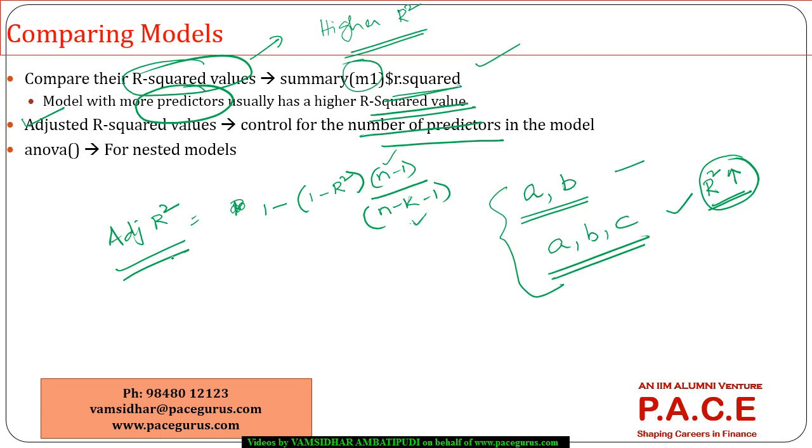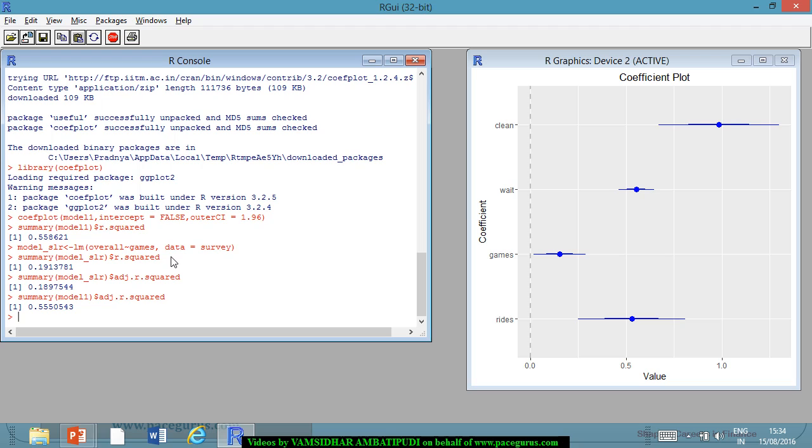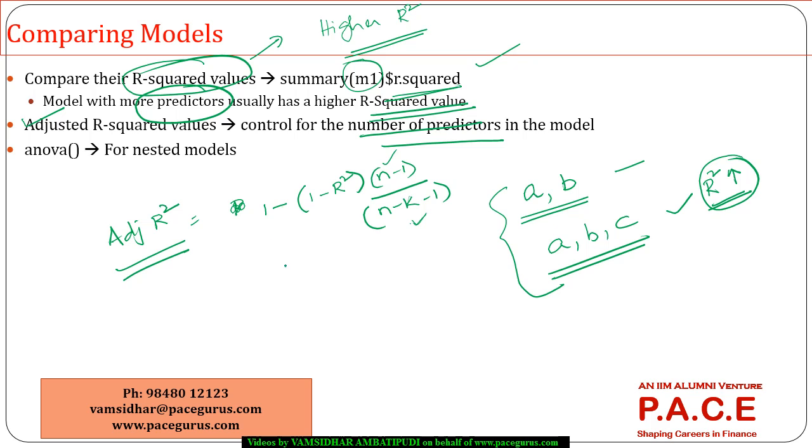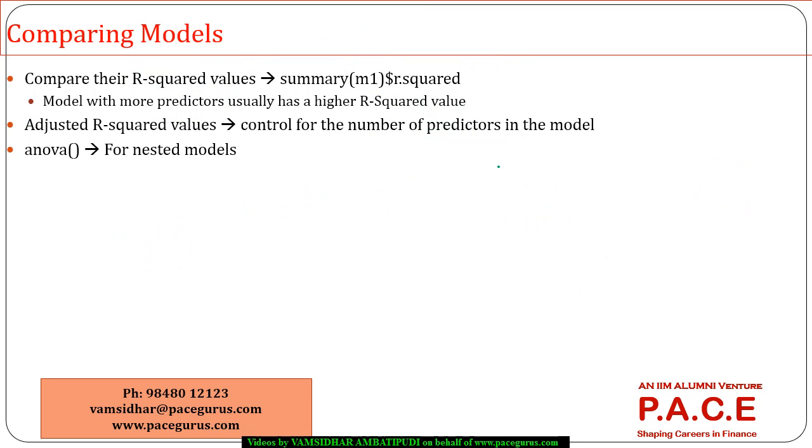Then the other way is I can use the ANOVA tables. I can give both the models to ANOVA, I'll call the first model model underscore SLR, and model 1. I'll do an ANOVA of these two. The null hypothesis in this ANOVA is that both the models are equal. Model 1 is similar to model 2.